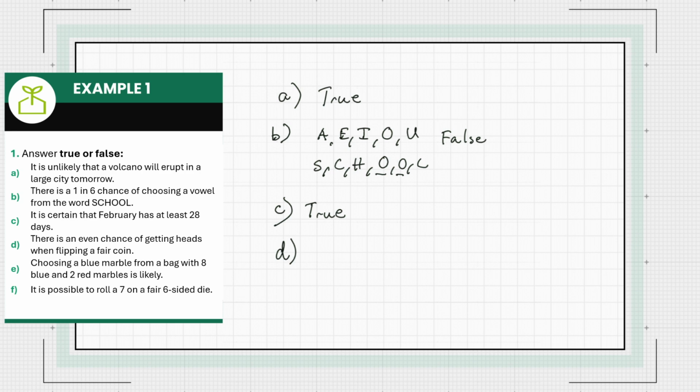So when we look at flipping a coin, there's only really 2 outcomes, which is heads or tails, and they both have the same chance of occurring, unless I have some kind of unfair coin or biased coin, but in this case it's a fair coin. So this is true. Both heads and tails have an even chance of occurring.